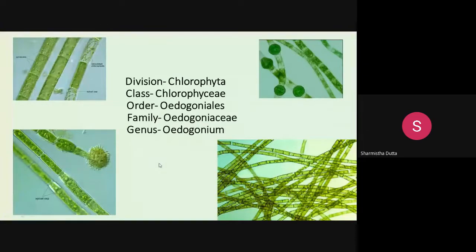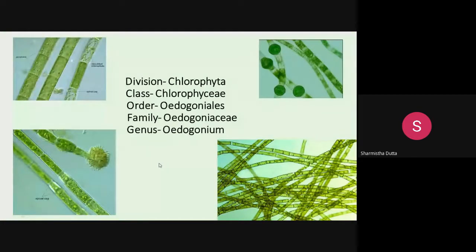Oedogonium belongs to the class Chlorophyceae, that is green alga. Division Chlorophyta includes all green algae, and it belongs to the order Oedogoniales, family Oedogoniaceae, and genus Oedogonium.